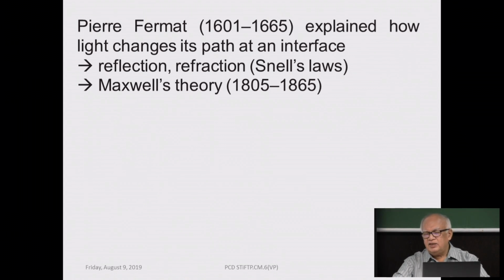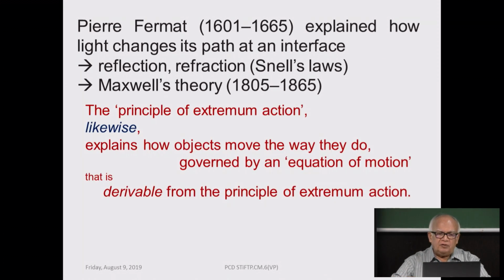You can give a detailed account for it using Maxwell's equations by invoking the interface conditions of the electric and magnetic fields. So we will discuss this at a later point in the course. But then Fermat accounted for it in terms of what is called the principle of extremum action.